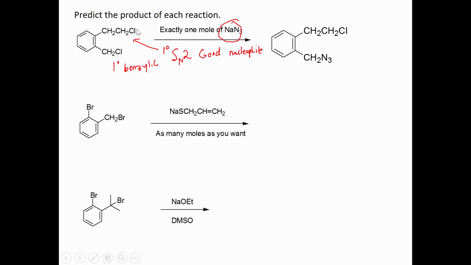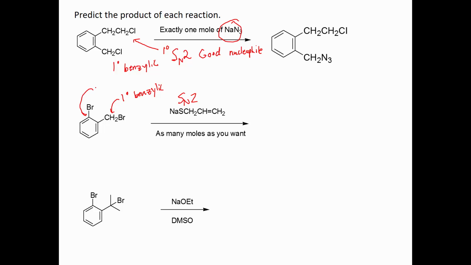All right, here we're treating this with sodium, or like the allyl sulfide anion that you see here. And here I'm going to say we're going to add as many moles as we want. And this is another example of the SN2 reaction. This is primary and benzylic.